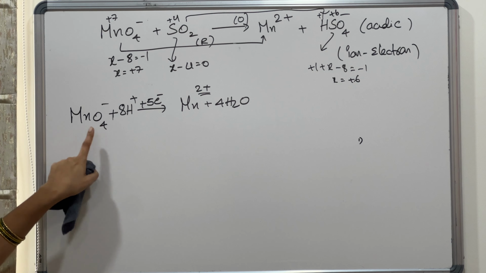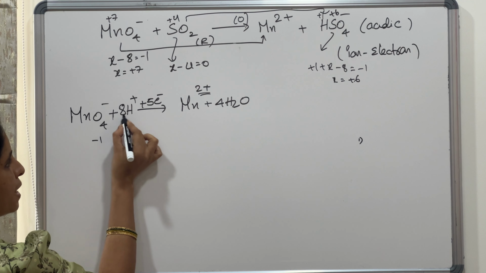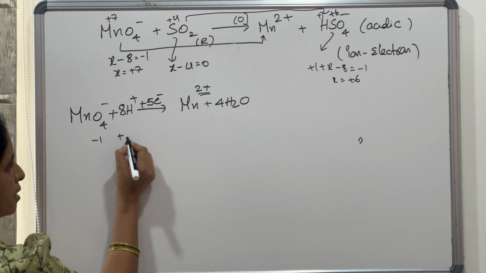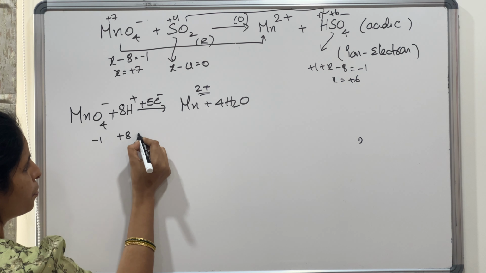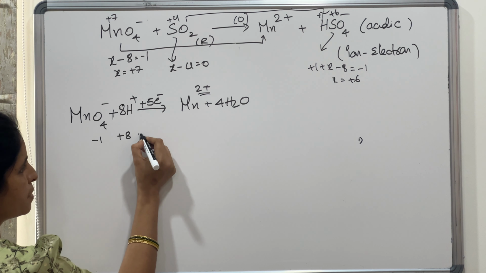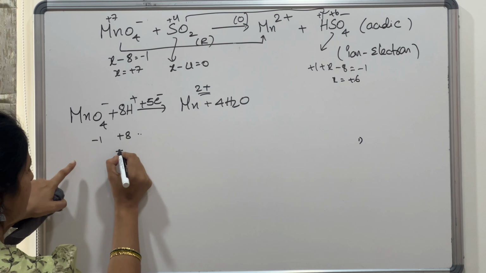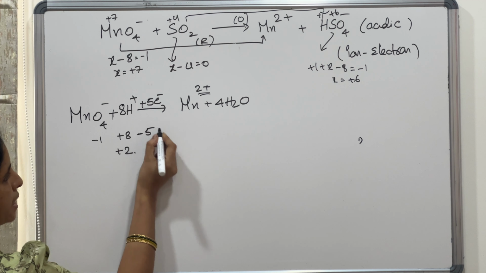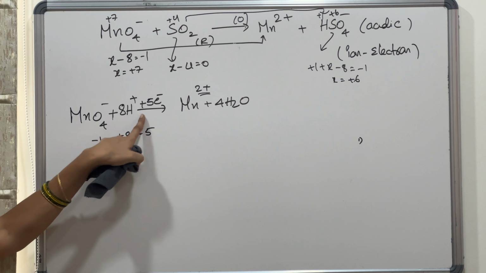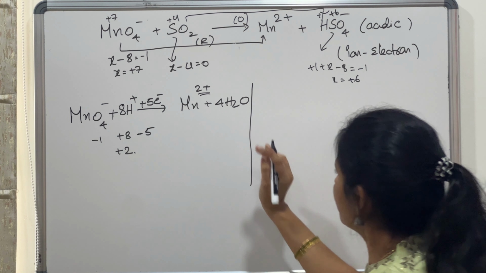And here the overall charge is minus 1 plus 8, so the charge is plus 8, and here, plus 5 electrons, means total plus 2 charge here and plus 2 charge here. Got it? This will be minus 5 now, plus 2. Plus 5 electrons you have added. Okay, you have completed this side.